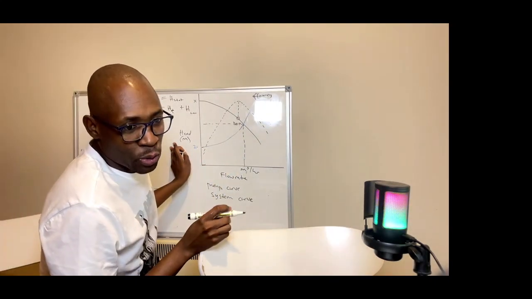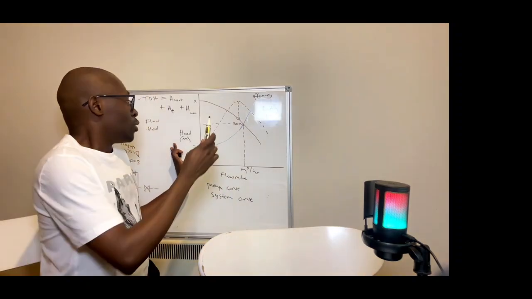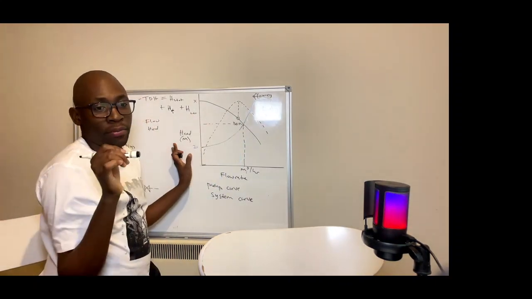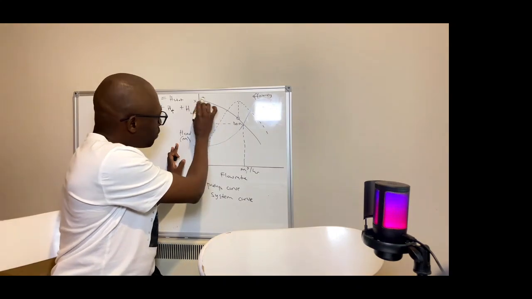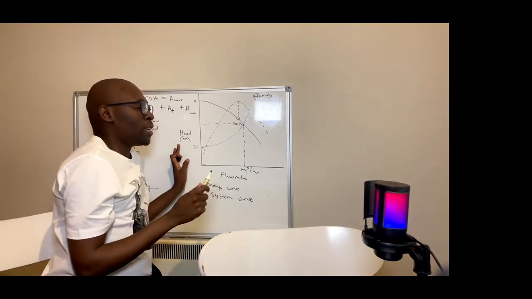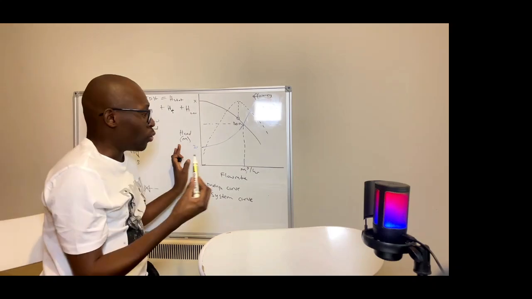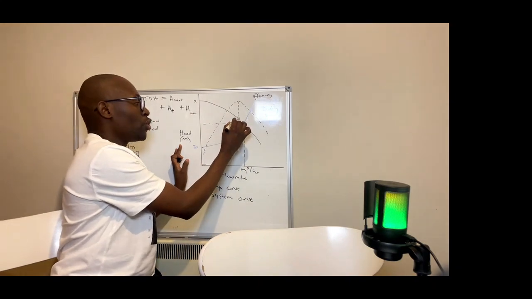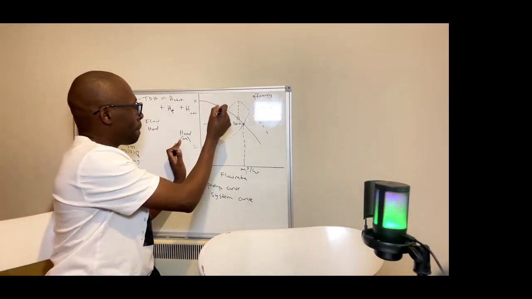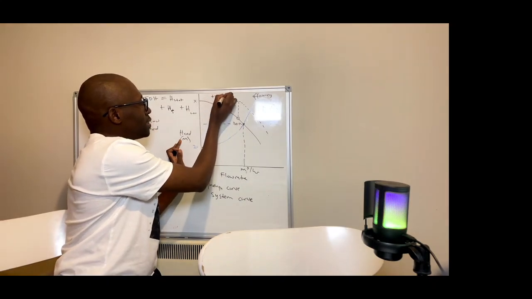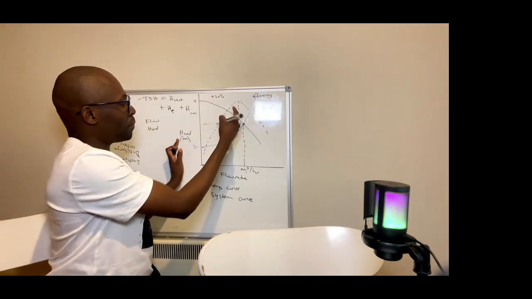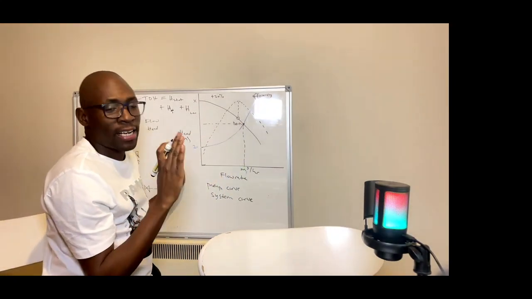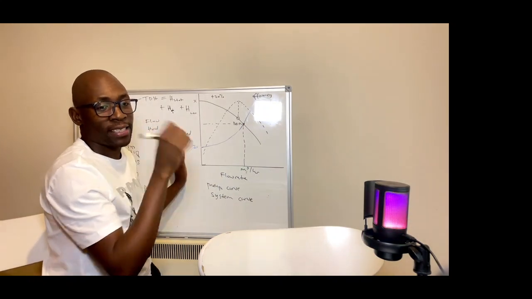Now the last thing that I want to talk about is the best efficiency point, where this pump operates at the best efficiency. Ideally, you would want your duty point, which is this point in this case, to be close enough to your best efficiency point, within plus or minus 20%, because you want your duty point to be close to the point where the pump has the highest efficiency.